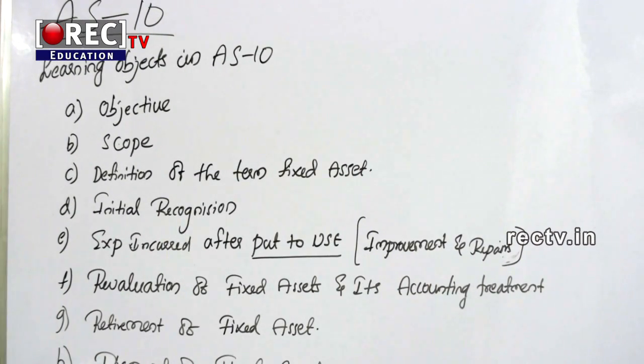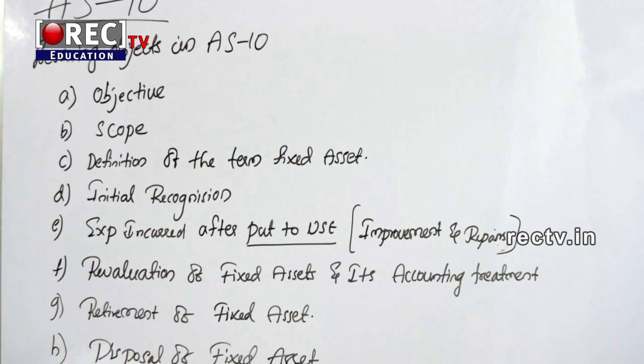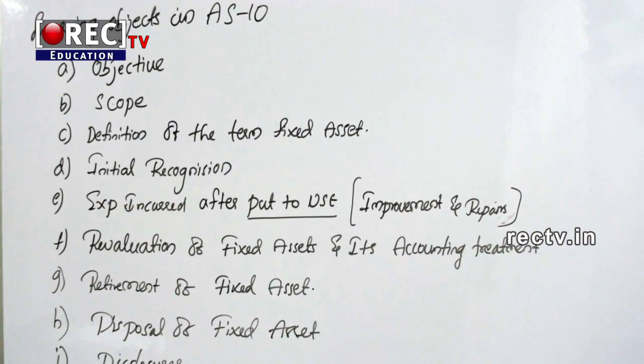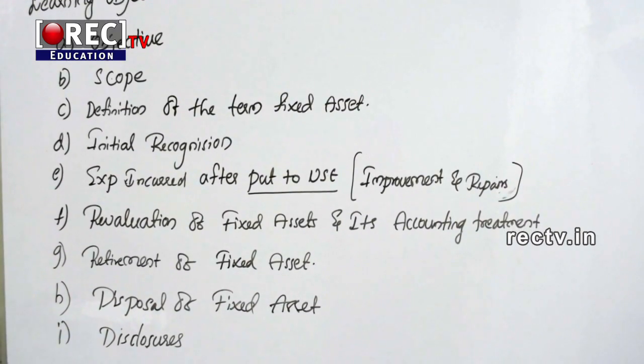Our next standard is accounting standard 10. Now, what are the learning objectives in accounting standard 10? A, objective; B, scope; C, definition of the term fixed asset; D, initial recognition; E, expenditure incurred after put to use, that is improvement and repairs; F, revaluation of fixed assets and its accounting treatment; G, retirement of fixed assets; H, disposal of fixed assets; and last I, disclosures.